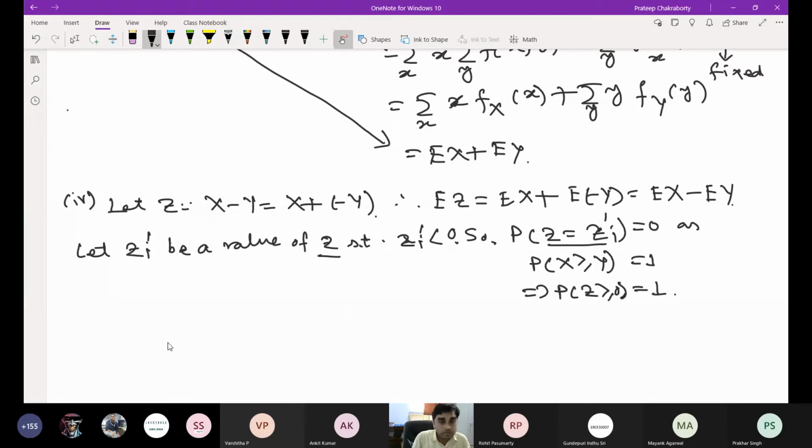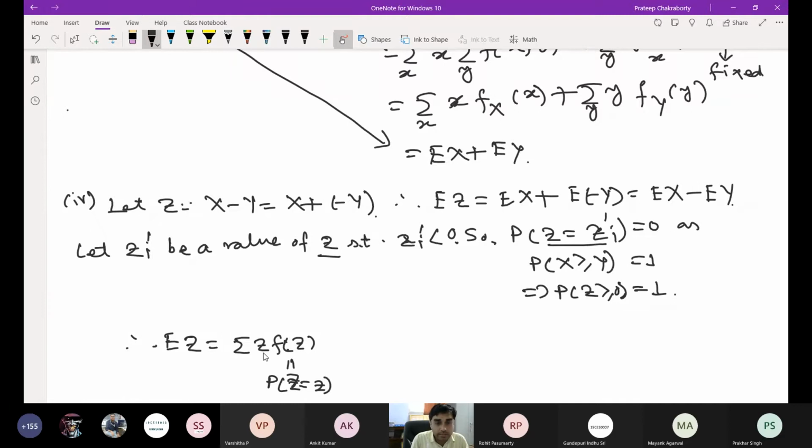Okay, so we'll compute Ez. See, Ez will be the summation of z f(z). Now, if z is negative, what is f(z)? It is nothing but P(Z equal to small z).